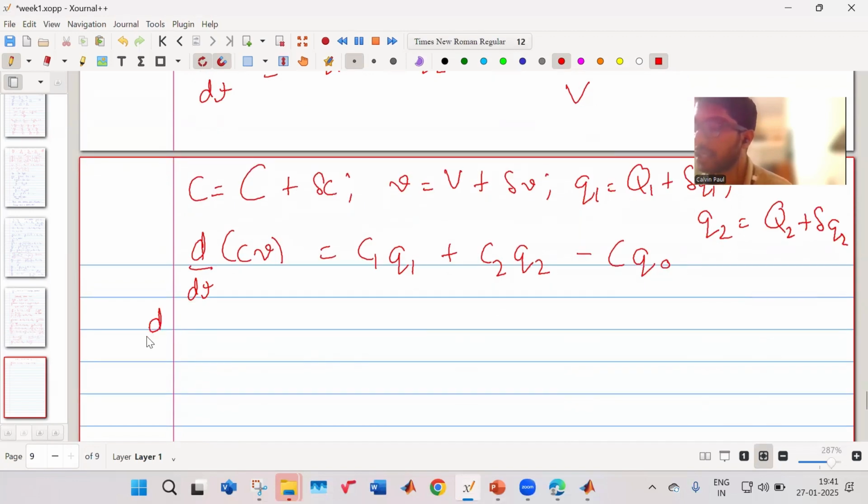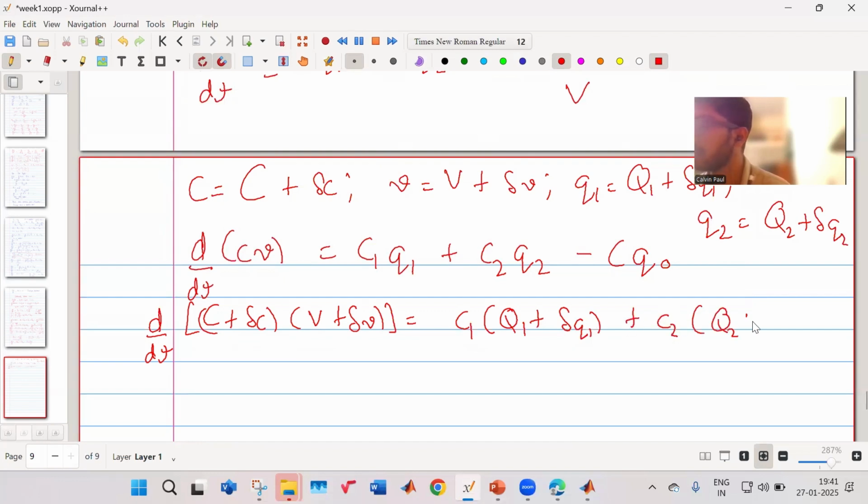Okay, so I'll write it down: d of dt of C plus delta C into V plus delta V is equal to C1 into capital Q1 plus delta Q1 plus C2 into capital Q2 plus delta Q2 minus C plus delta C into Q naught plus delta Q naught.